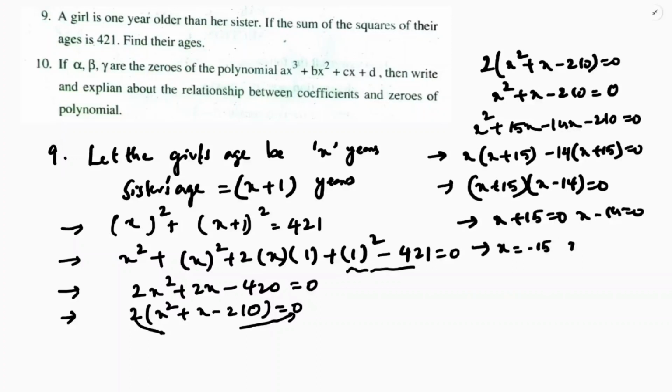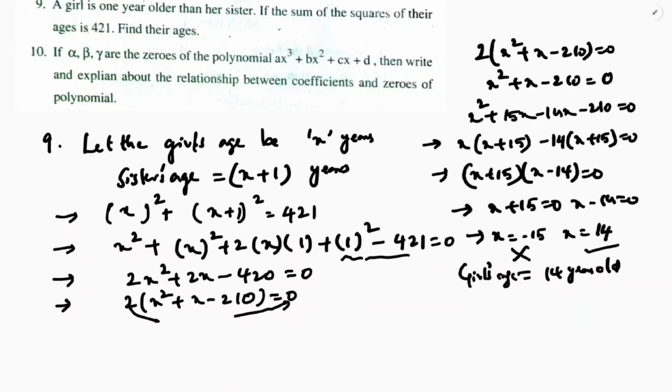So X equals minus 15, X equals 14. Age cannot be negative. So girl's age is 14 years. She is 14 years old, and her sister's age.